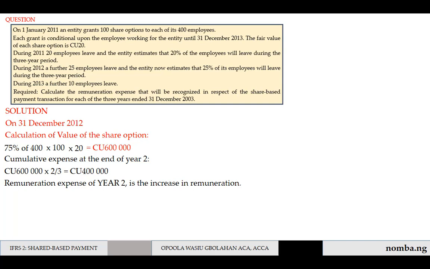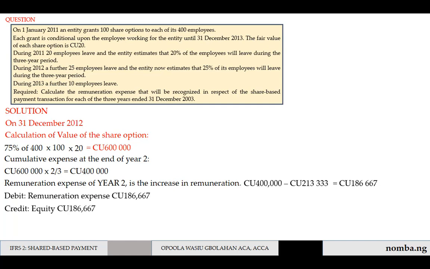So the increase in the remuneration expense is what we're going to recognize in year 2, which is 400,000 minus 213,333. And that is 186,667. So we debit remuneration expense and we credit equity with that amount. I'm sure you're getting it. That's the process you have to follow.